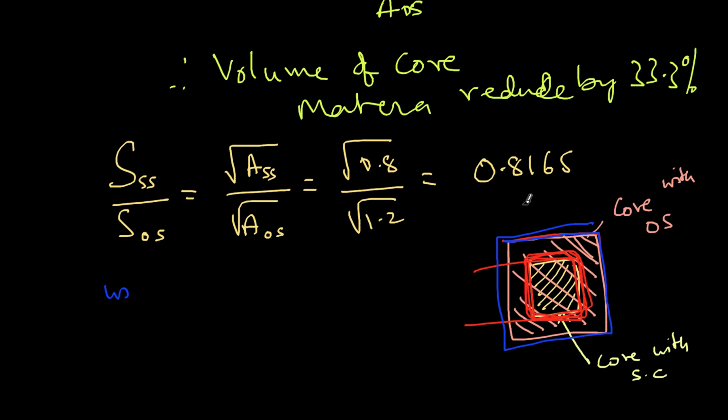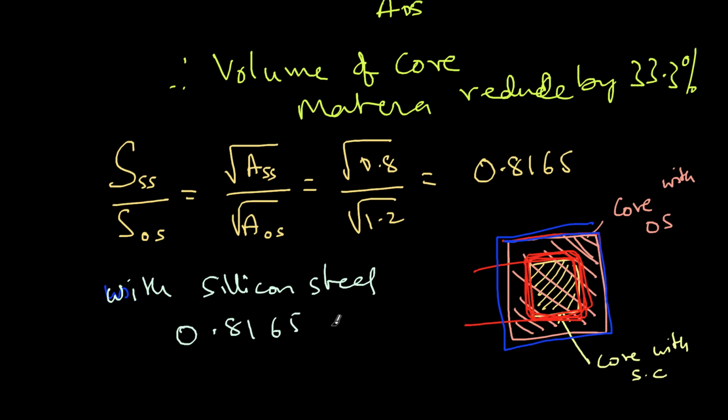So with silicon steel, 0.8165 of copper wire is sufficient.